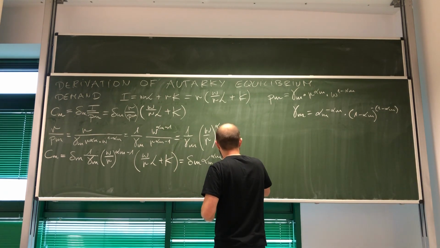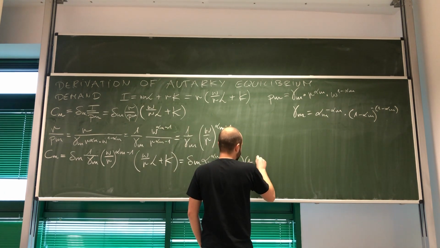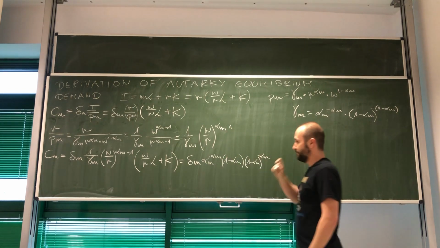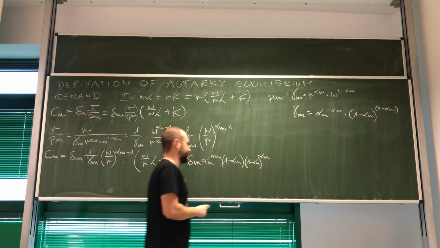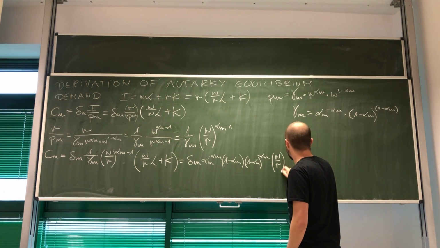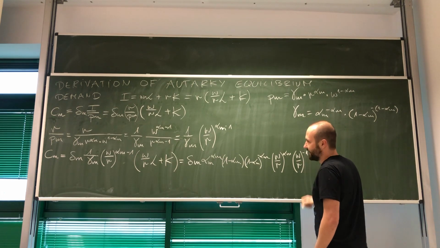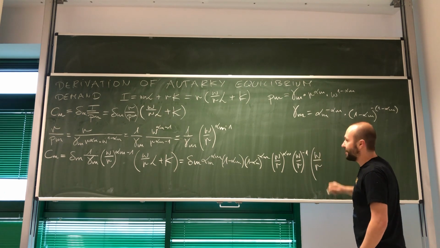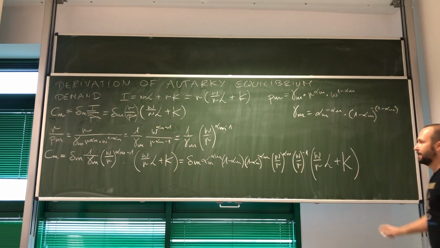So 1 minus alpha M to the power of 1 times 1 minus alpha M to the power negative alpha M. And by the same token, I'm going to rewrite this into two expressions. I'm going to have W over R to the power alpha M and W times W over R to the power negative 1. And finally, over here we will have W over R times L plus K.